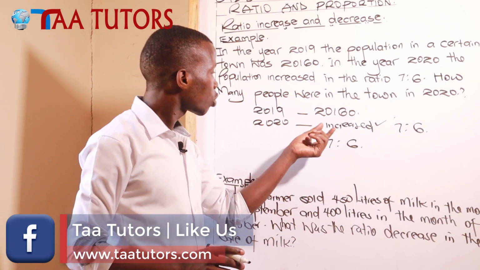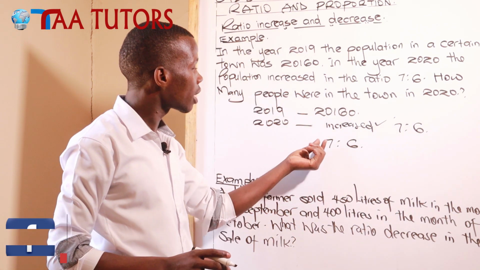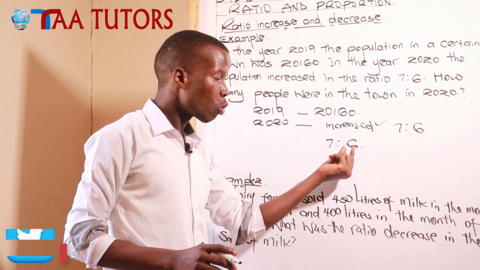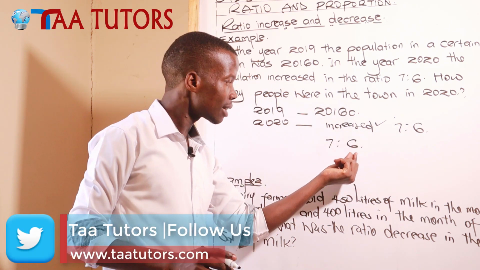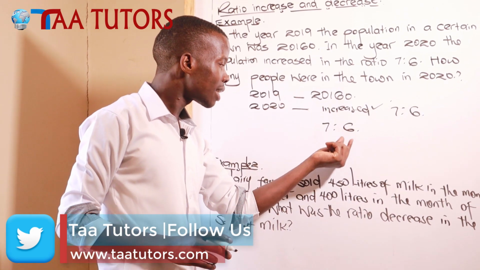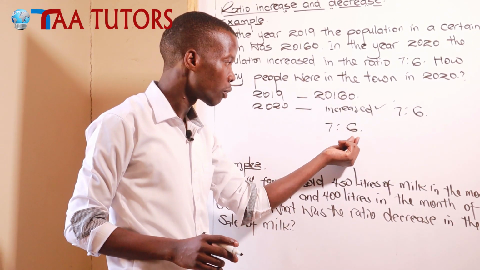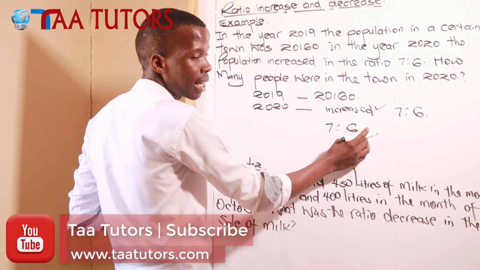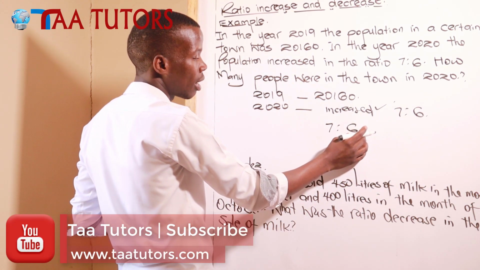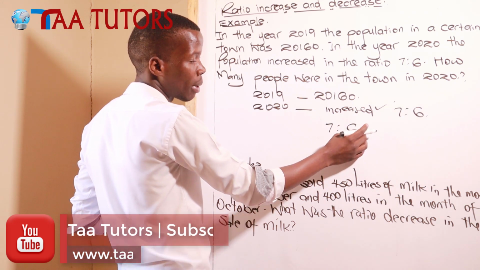Here we are talking about the ratio increase. So 6 is the initial number.